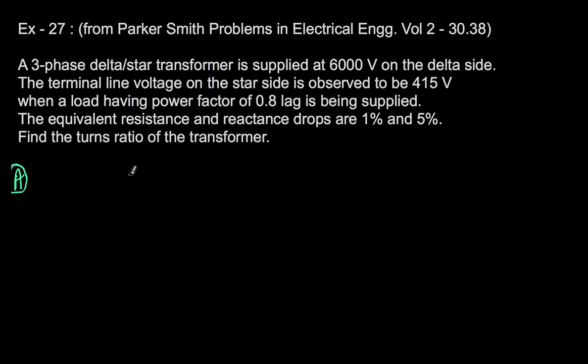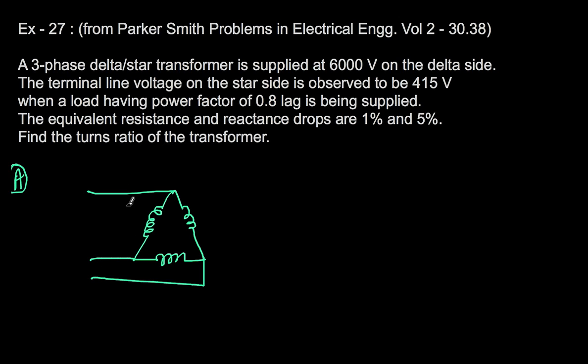For this kind of problem, it's good to draw a diagram. So let me draw the diagram. The primary side is delta connected. This is supplied from a three-phase source, and the line voltage is 6000 volts.